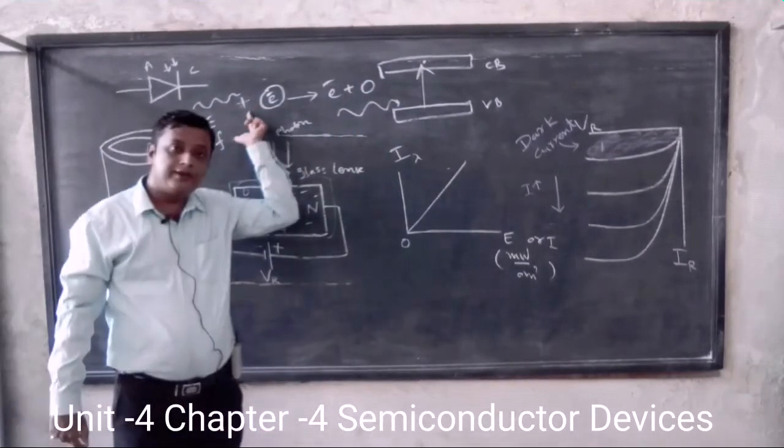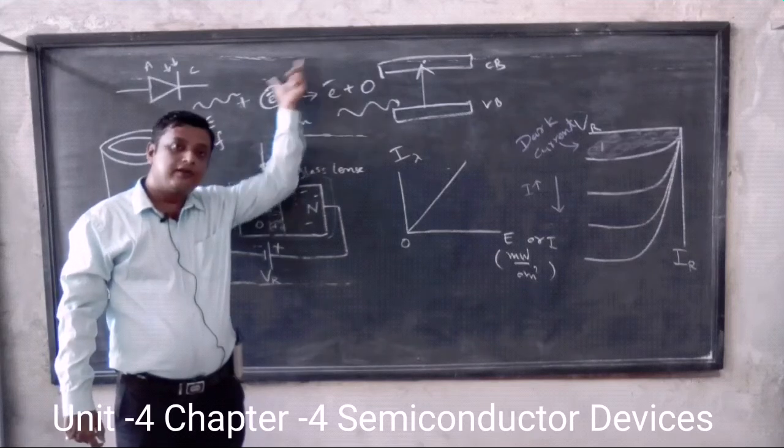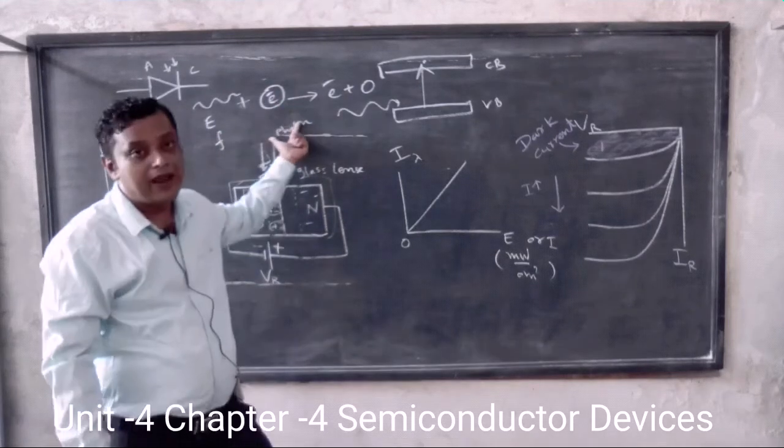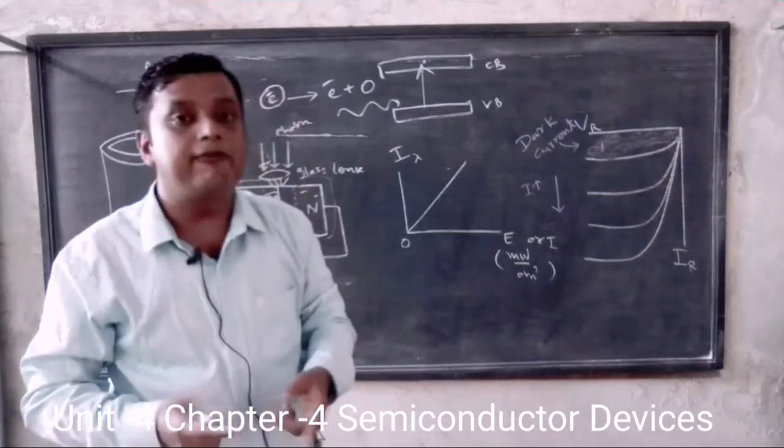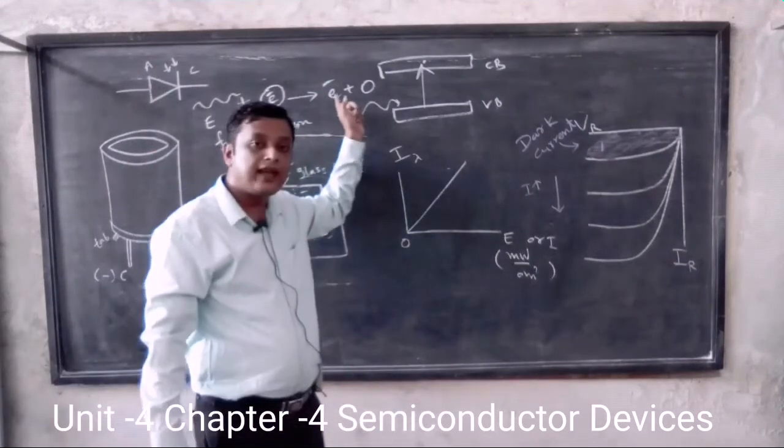So the input of the photodiode was light energy, and the output which is taken from the photodiode is electric energy.